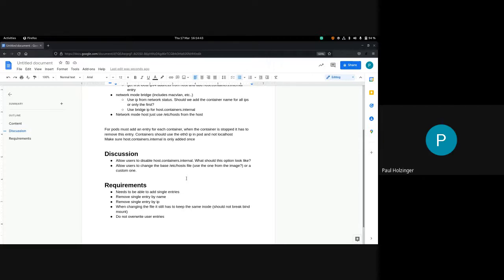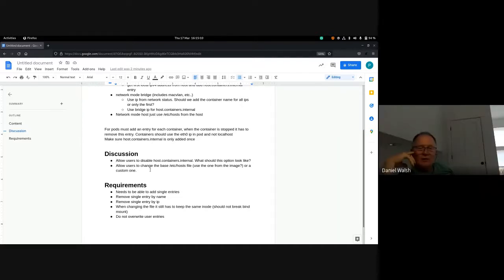And then we also have the next point. If we allow users to change the base hosts file where we pick entries from, that would also need some sort of option. Is there actually a request for that? I remember the no-hosts request. I don't remember people asking to use the image's file. Well, no-hosts actually implies that you're going to use the image's.